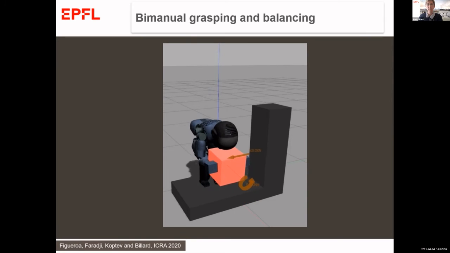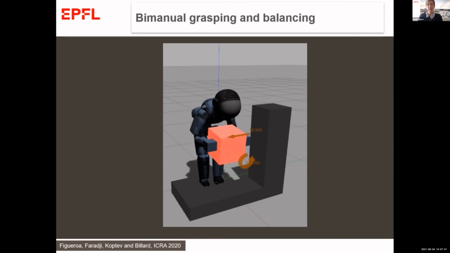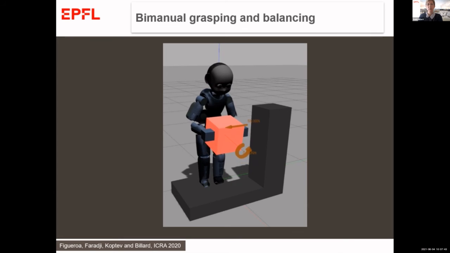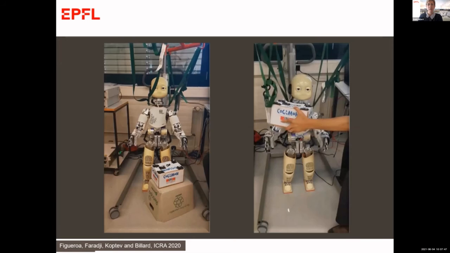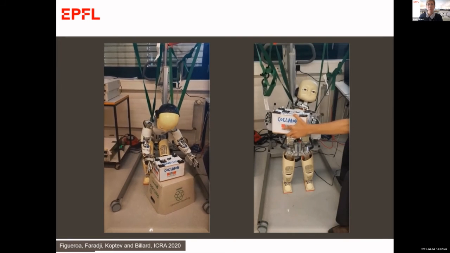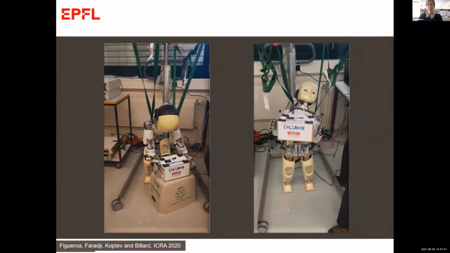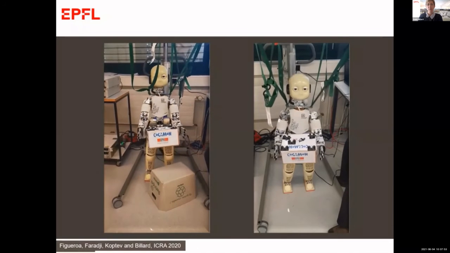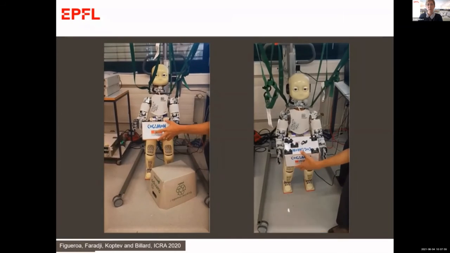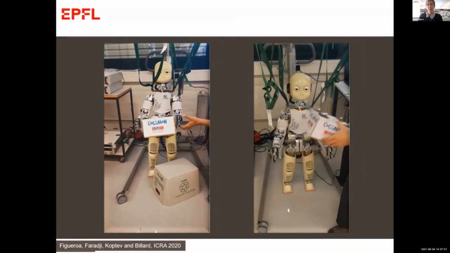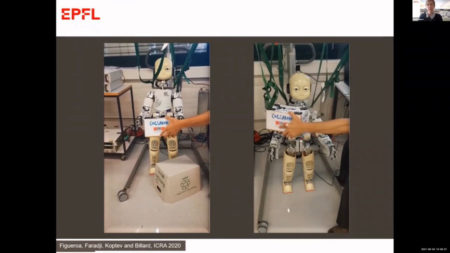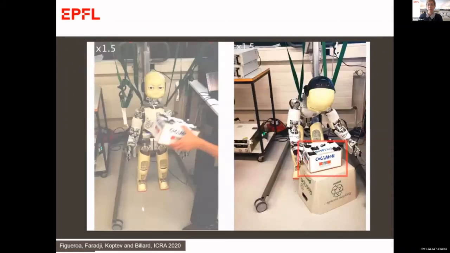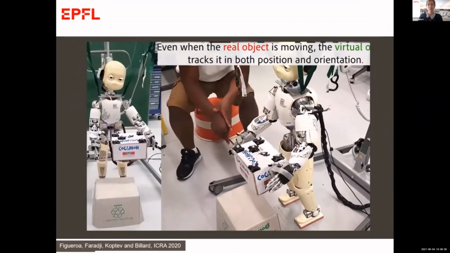So this is crouching, picking up the object, and now we can use the flexibility that we have by perturbing the system. I'll show you here an example on the actual real robot, picking up the object, moving it upwards, and then we can generate a perturbation, and it will still adapt to this perturbation. We can push in a different direction, and it will adapt to that. And this is the same principle of the dynamical system.